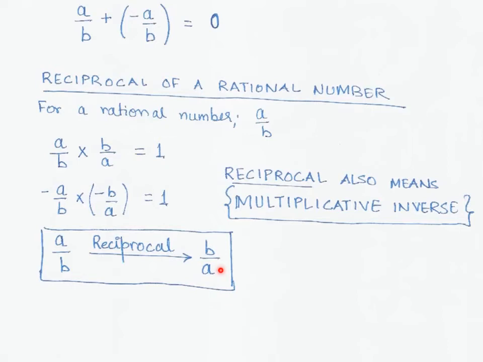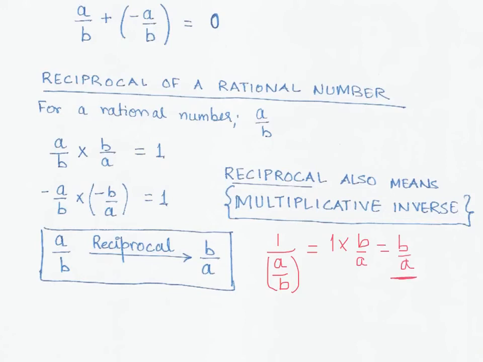And you might be wondering, how did we arrive at this? Well, a reciprocal can be represented as 1 over a by b. For a rational number, it is 1 divided by a by b. Now this is a division, so we convert this division into multiplication by doing 1 multiplied by b by a, which gives us b by a.